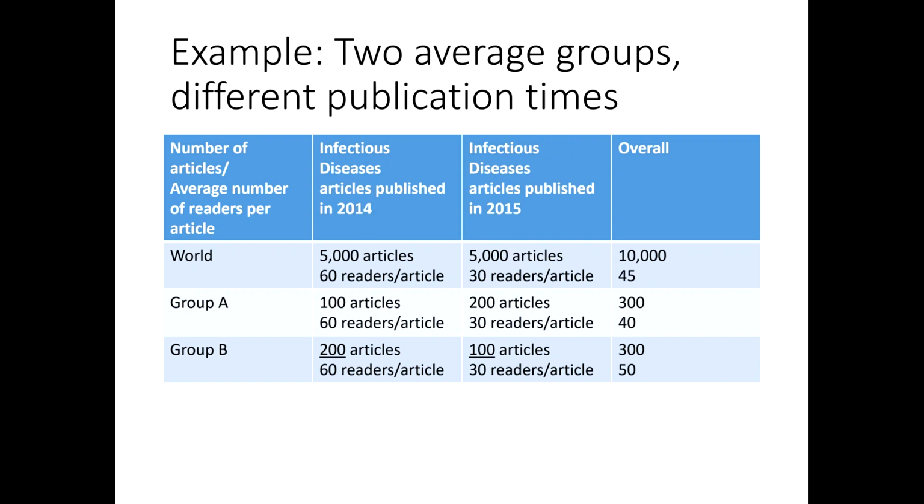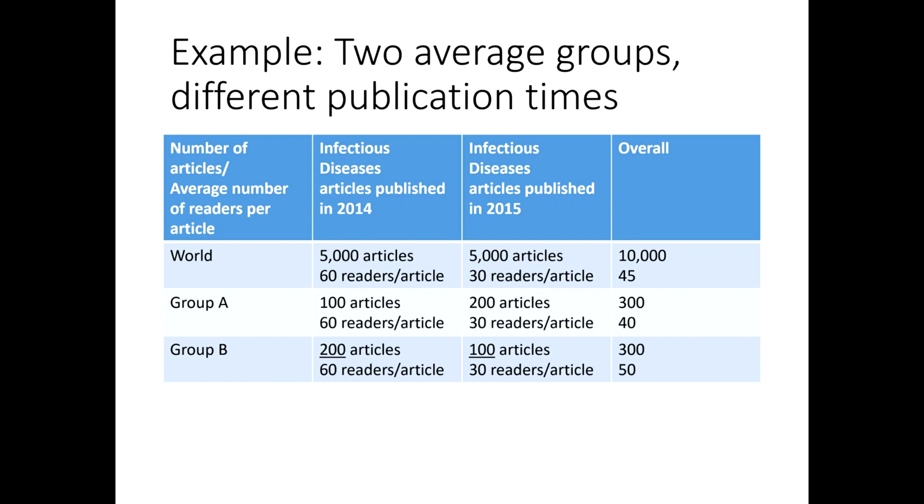The same occurs if you have groups that publish in a single field, infectious diseases in this example, but in different years. And here both Group A and Group B publish only in infectious diseases, and they both publish articles from 2014 and 2015.